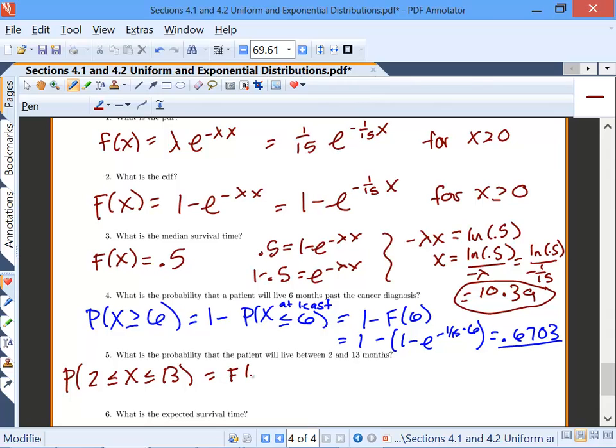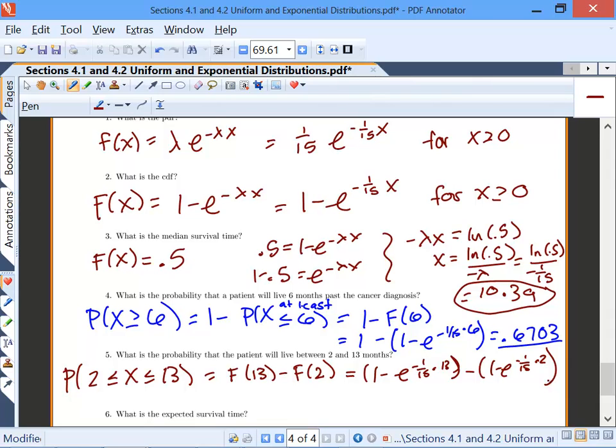So it's F evaluated at 13 minus F evaluated at 2. I plug 13 and 2 into my CDF.